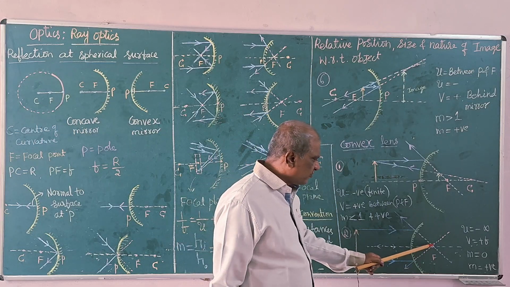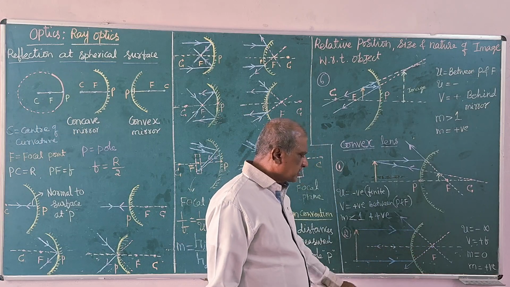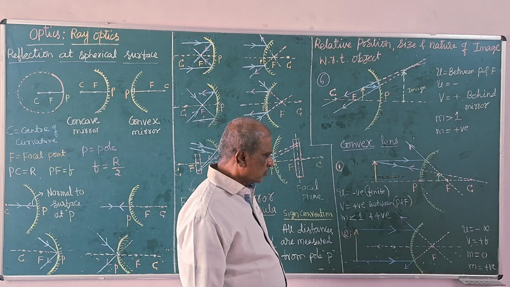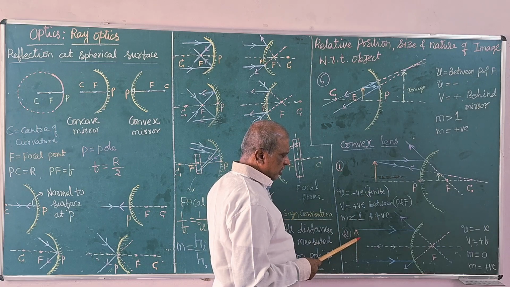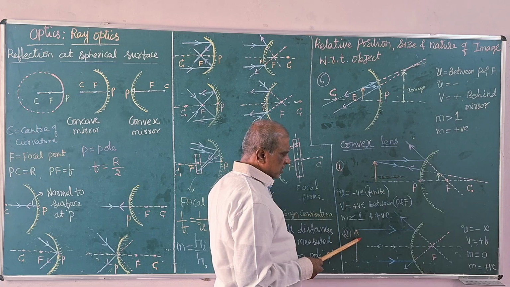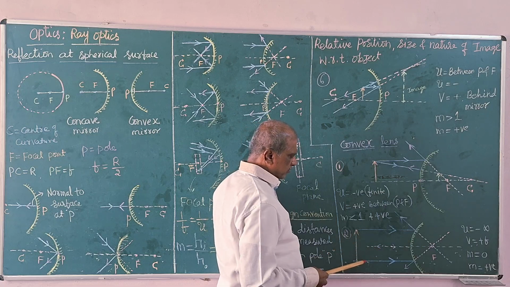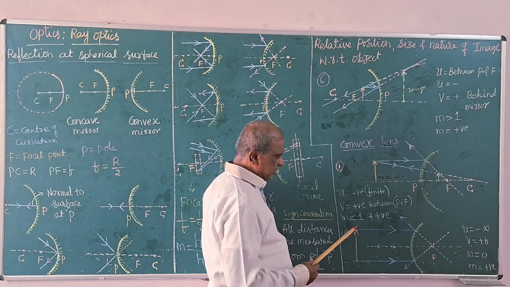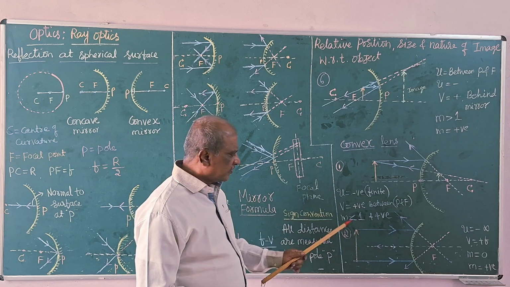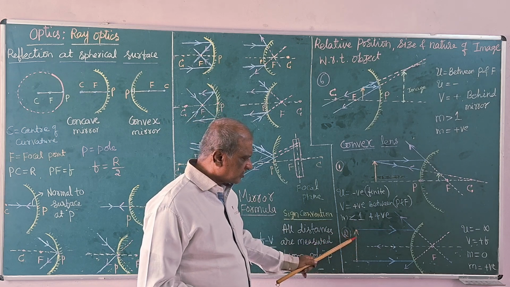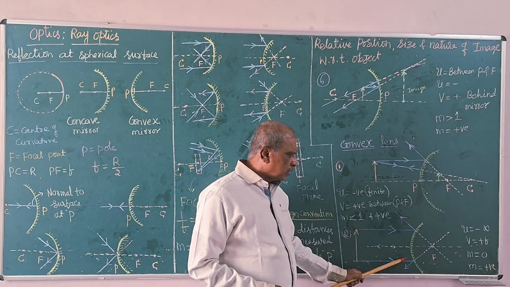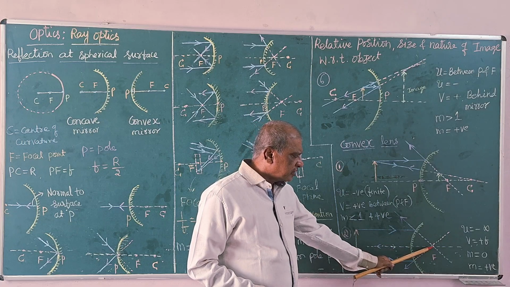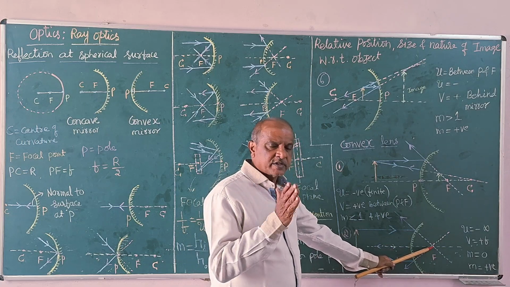This is F of the convex mirror. Any ray coming from the object at infinite distance is parallel, from different points of the object, and they all diverge from this point.